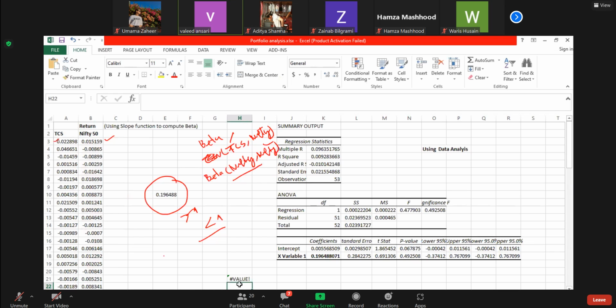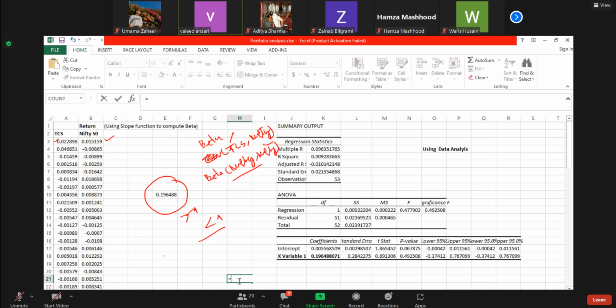There is some mistake, I think. Let me check it. What is the issue with that? I think it is A3, not B3. Let me change it from here. A3 to A55, no problem.